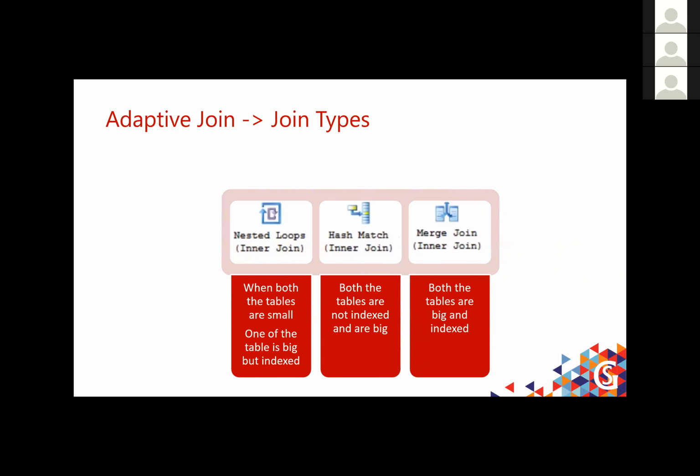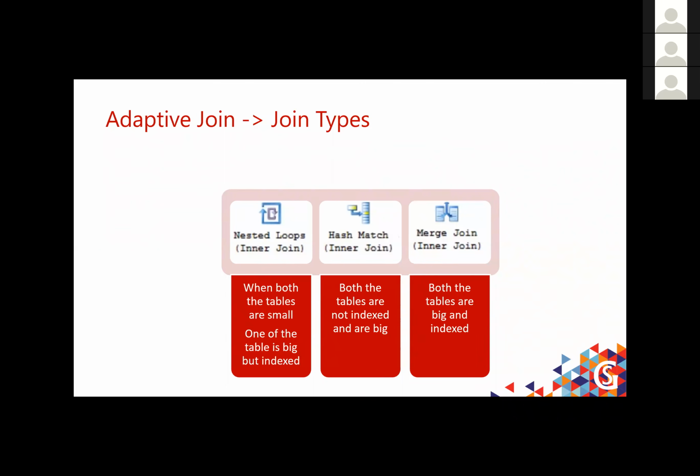For example, when you have a query like select star from table inner join table on column A equal to column B, these operators help you process the join. So what are these operators? Nested loop join, hash match join, and merge join.